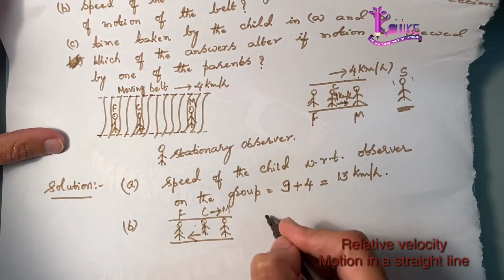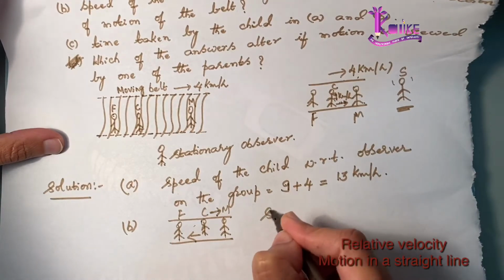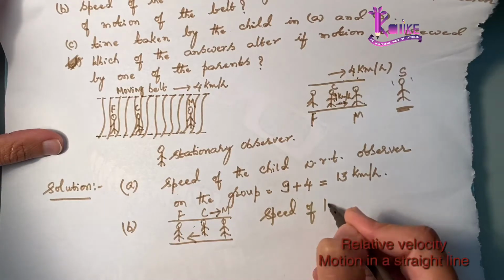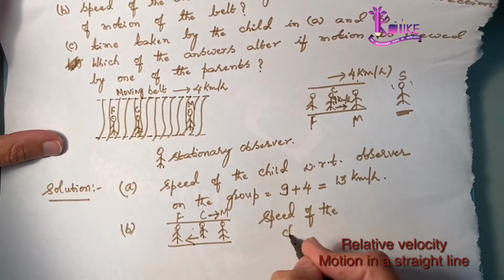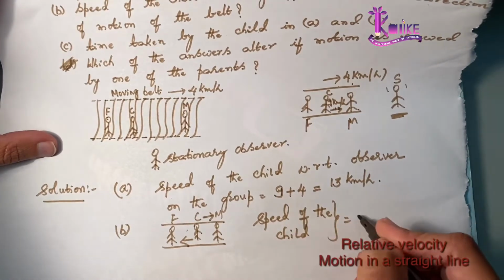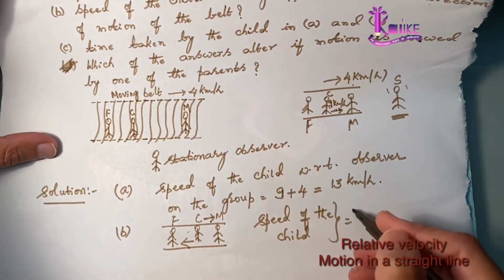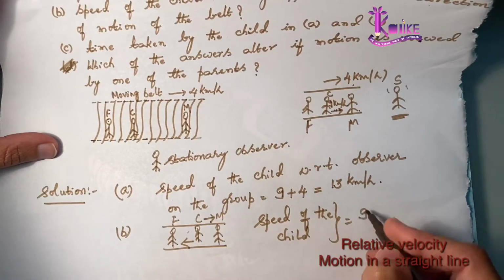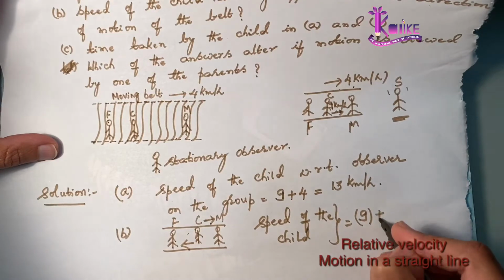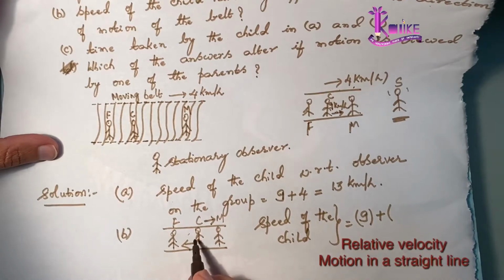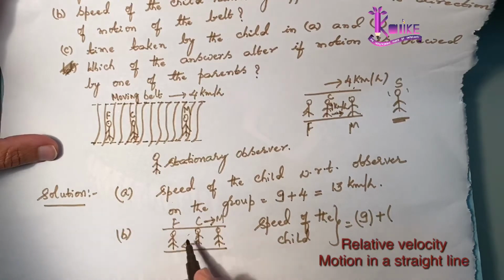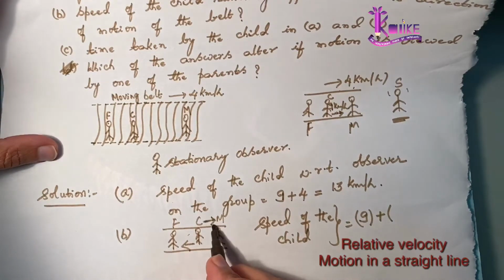So in this case, the speed of the child according to the stationary observer will be the speed of the child, 9, plus the speed of the belt, which is moving in the opposite direction.